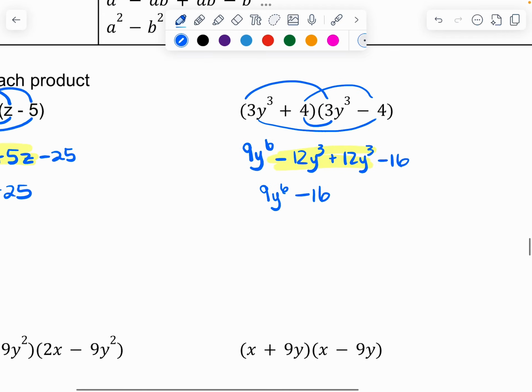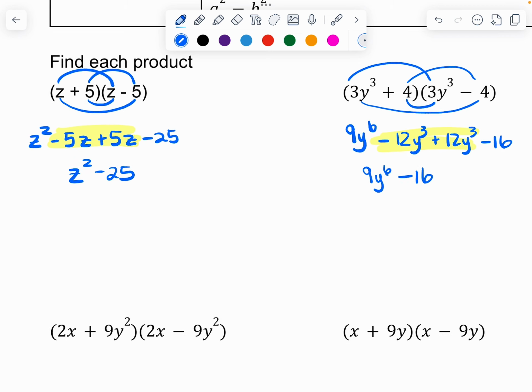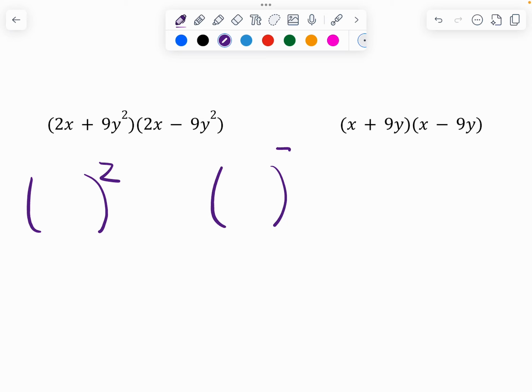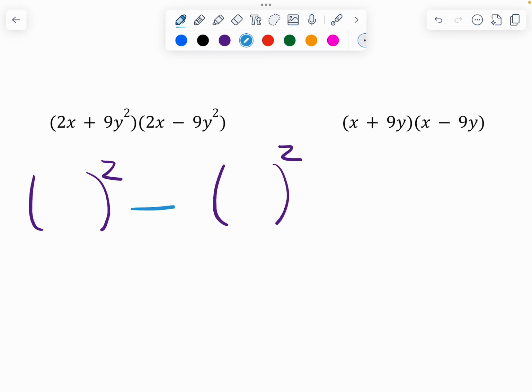So the first one squared, the last one squared, and they have a minus sign in between. Let's look here. Without even doing the problem, what did we just say? We said the first one is squared, the last one is squared, and there's a minus sign in between. So I'm going to take the first one, that's 2x, take the second one, that's 9y squared. So I would get 4x squared minus 81y to the 4th.